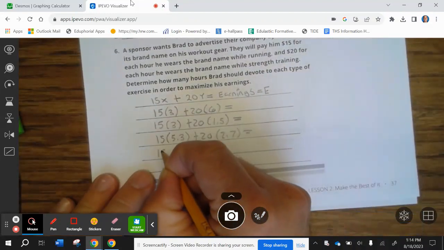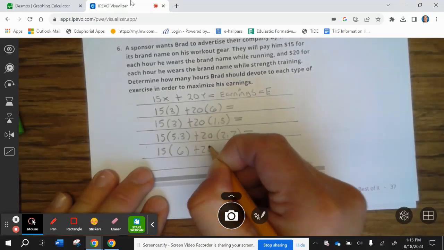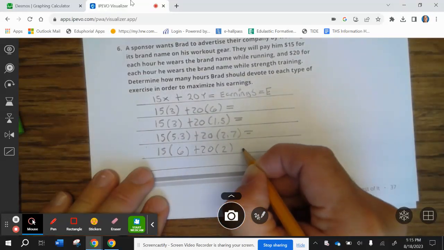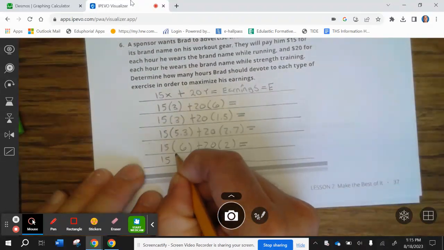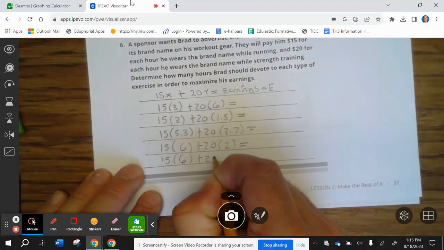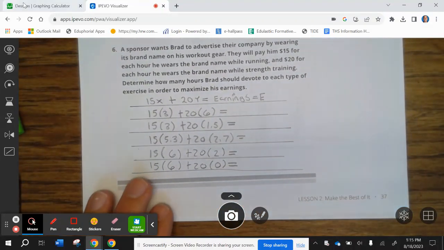We're going to do 15 times 6 plus 20 times 2 equals, and then we're going to do 15 times 6 plus 20 times 0. And let's go ahead and use Desmos to get those values, okay?